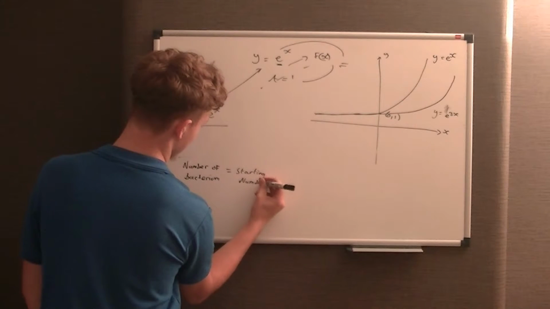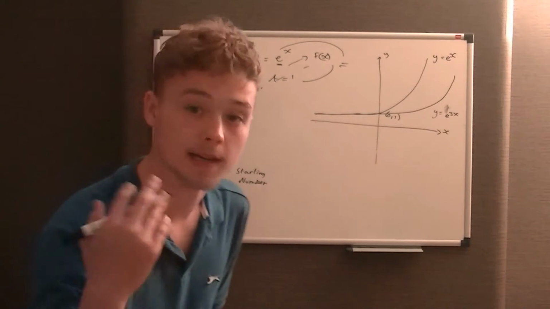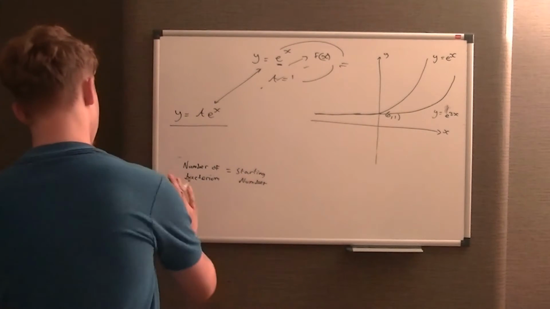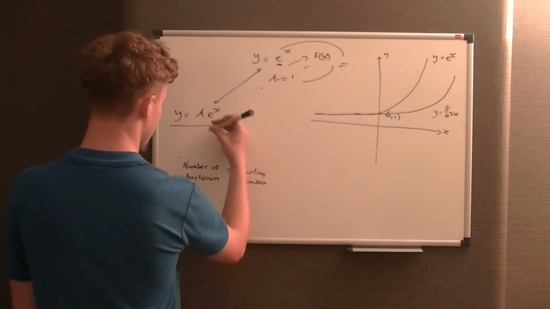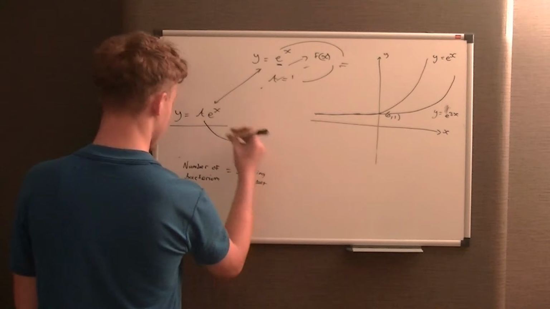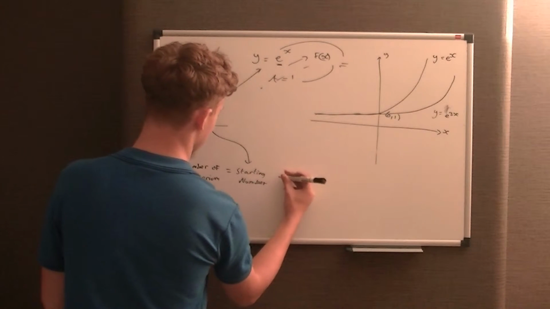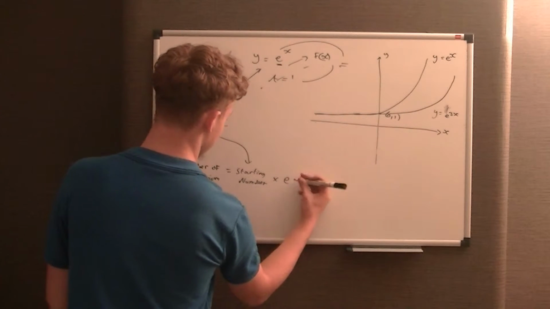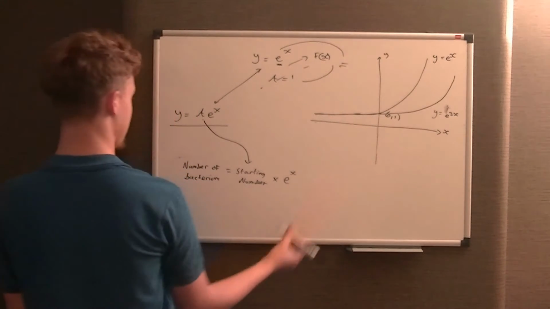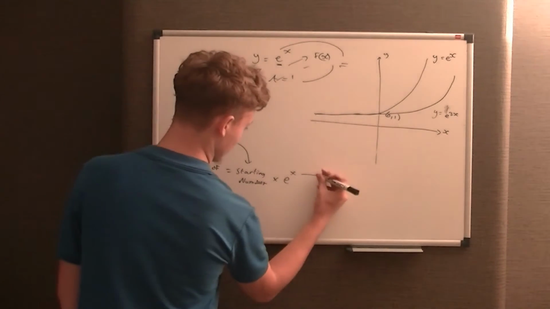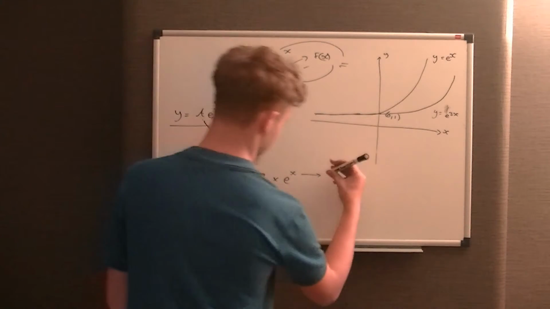Obviously, the number is going to be different for different things, so y could be the end result, and then the A is what you start with, and then your e to the power x, this x bit here is your rate of change.